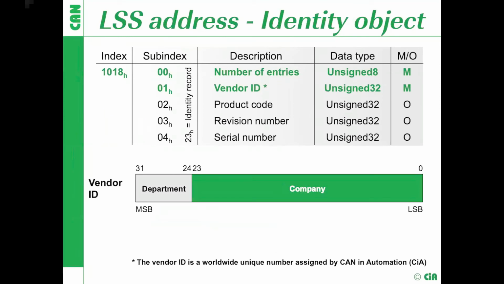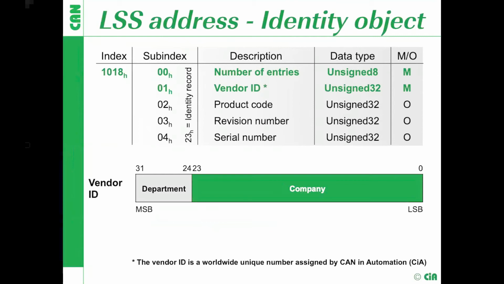When it comes to node identifying, a basic requirement for participating devices is the availability of the 1018 identity object, which is defined in the CiA 301 specification.